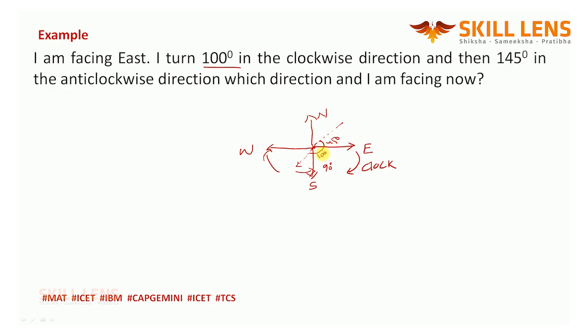So this is 100 and this is 45, so the total is 145. Now she is facing in this direction. Which direction is this? Northeast. So now she is facing towards the northeast. Hope everybody understood. Okay, let's go to the next question.